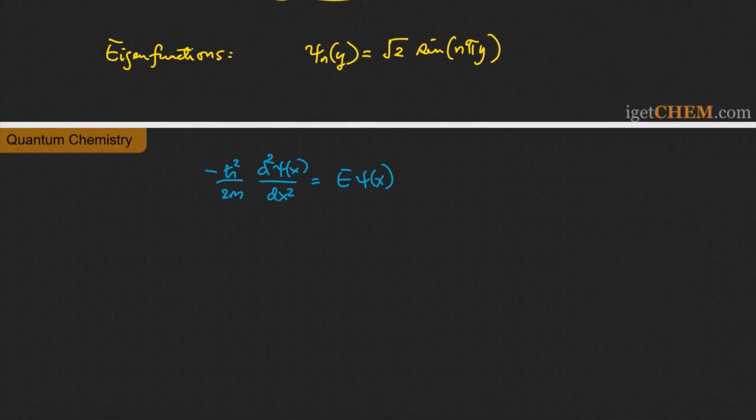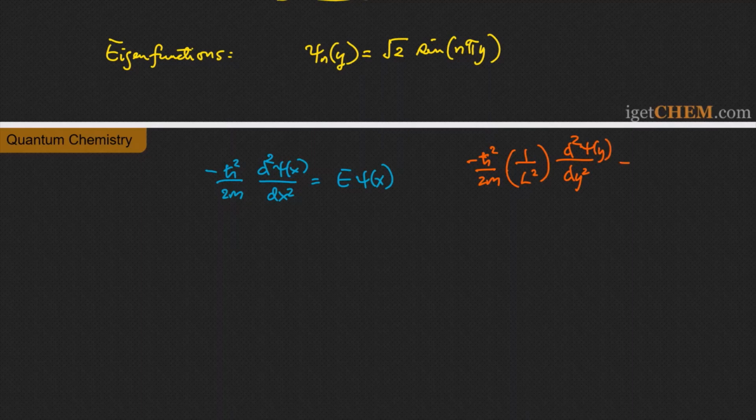So this is going to be minus h bar squared over 2m. And here I have essentially a dx squared, and that will come out to be L squared times dy squared, and you have d squared psi of y on top, and that must be equal to E times psi of y.